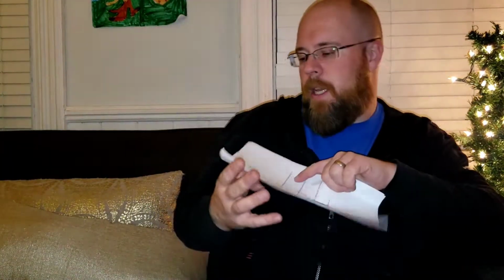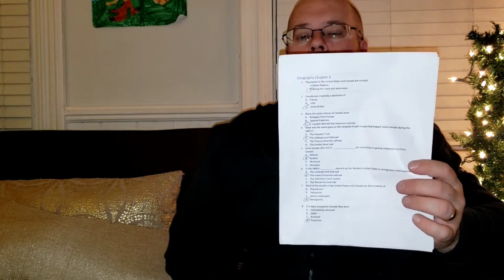Okay. Third thing, it says at the very top here, Geography, Chapter 6. See right there? Yep. It has 28 questions on it, right? The first question says, population of the United States and Canada are located, B, along the coast and waterways. The last question is, who is the President of the United States? Currently, it is still President Donald Trump, right?